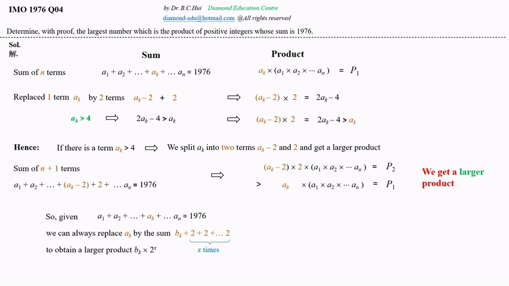So we can divide 1976 into a number of 2's plus a value bk to obtain a larger product, bk times 2 to the power x, where x means the number of 2's we can find in 1976. So this is one option.